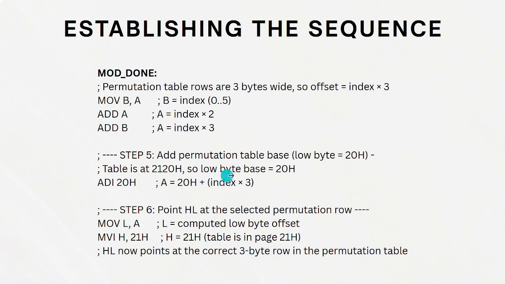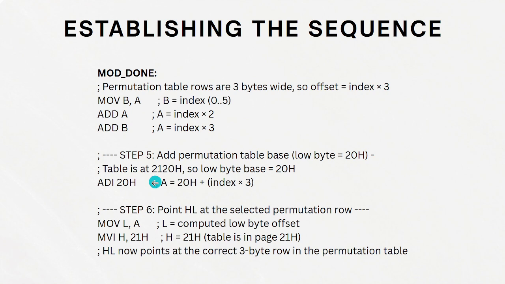Next, you simply add this offset to 20h. What is 20h? Well, the first byte of the permutation matrix is actually 2120h. So if we simply add 20h to the offset that we get, we'll get the starting character of the intended sequence.